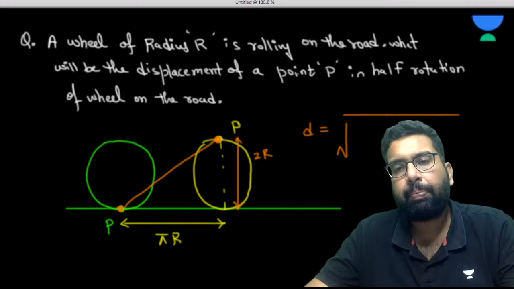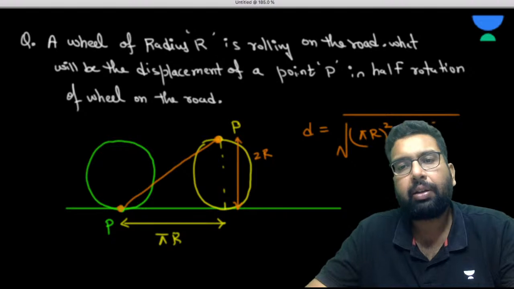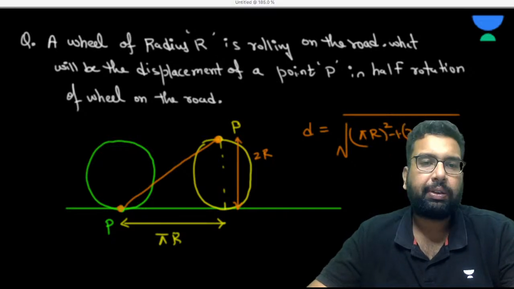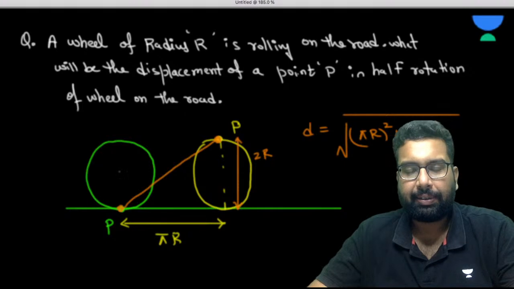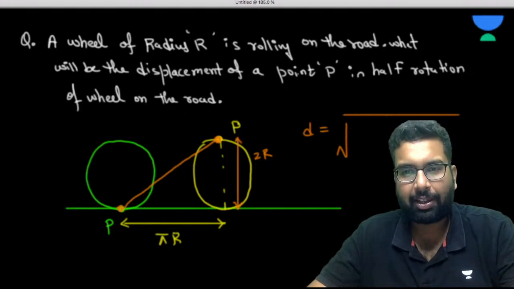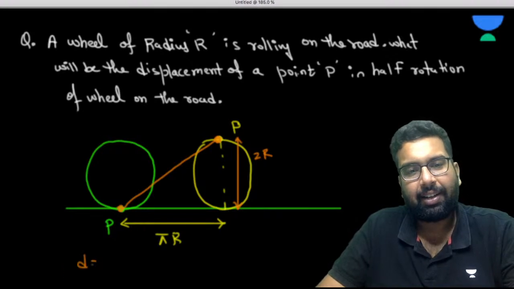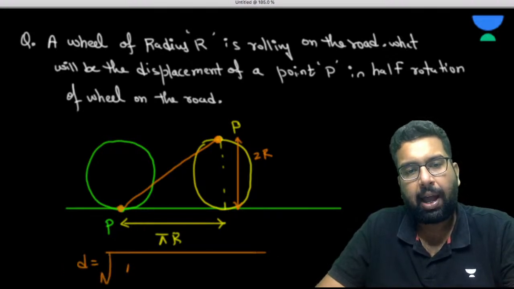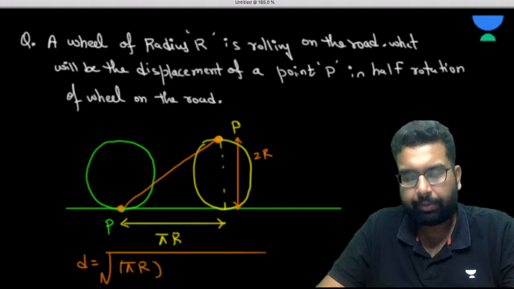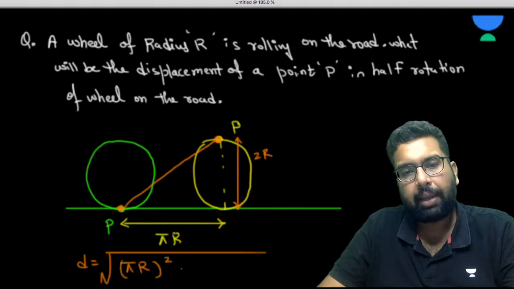So it will be (pi r) square plus (2r) square. Now you can have it calculated. Every time I write, my face covers what I am writing. So it will become (pi r) square plus (2r) square.